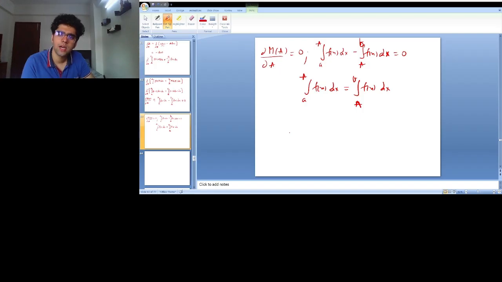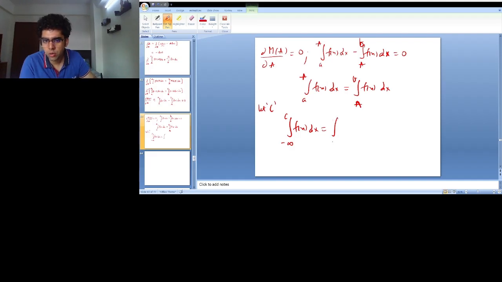And we know the property of the median says that if point C is the median, then from the lower limit to C, if I integrate the PDF, the value will be equal to the integral of f(x) dx from C, the median, to the upper limit infinity, if my x lies between negative infinity and positive infinity, right?